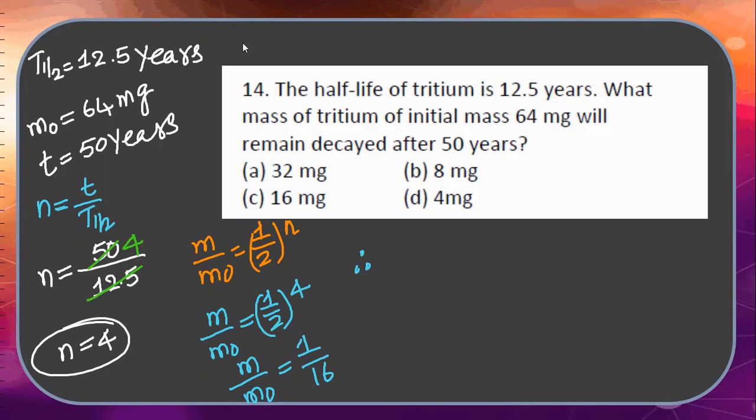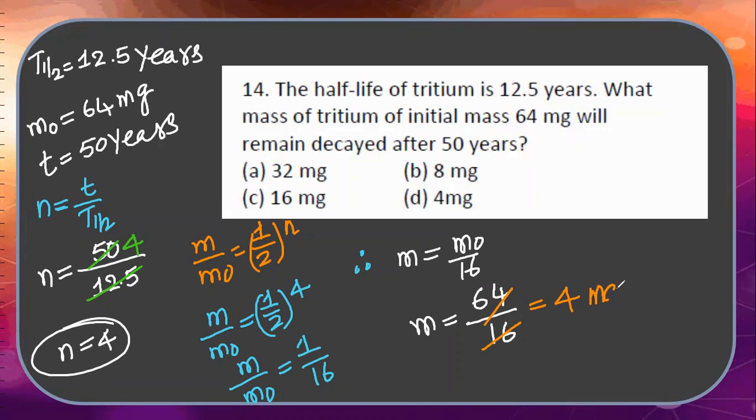Therefore, M naught is equal to 16 into M, so M is equal to M naught divided by 16, which is 64 by 16, which is 4 mg. The answer is 4 mg.